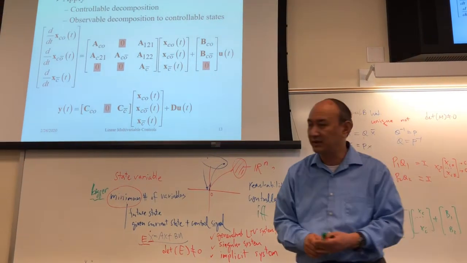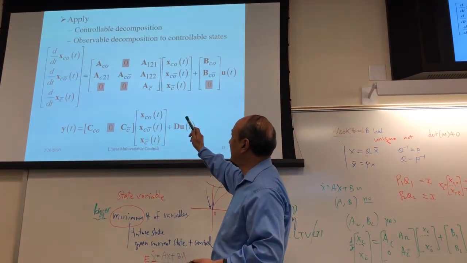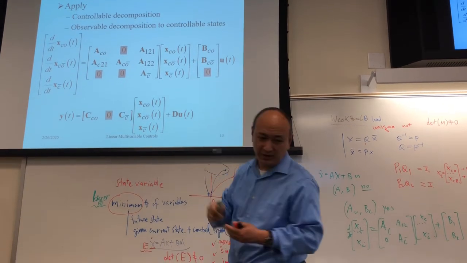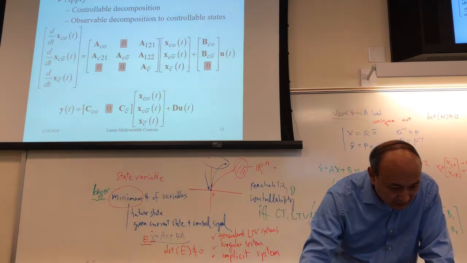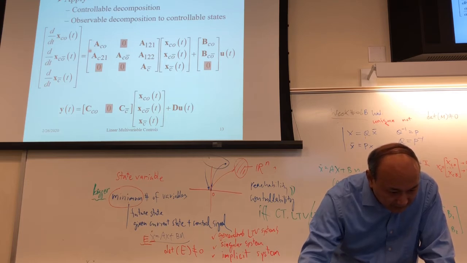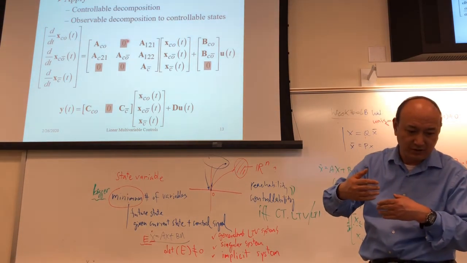The idea is we talked about controllable and uncontrollable, then we zoom in on this part and this one. This is my original AC, and we need to partition it into two parts.